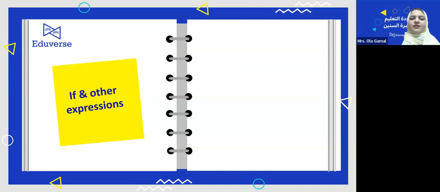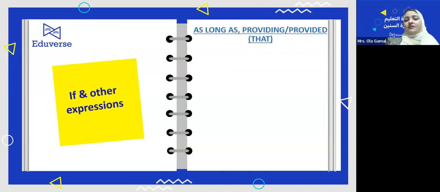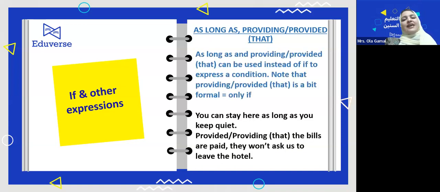Here also we have "as long as," and we have "providing" and "provided that." When do we use them? To express conditionals also. "As long as" and "providing" or "provided that" can be used instead of "if" to express a condition. Note that "providing" and "provided that" are a bit formal, okay?